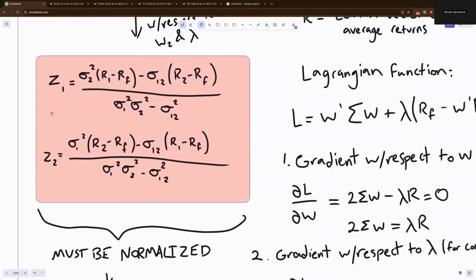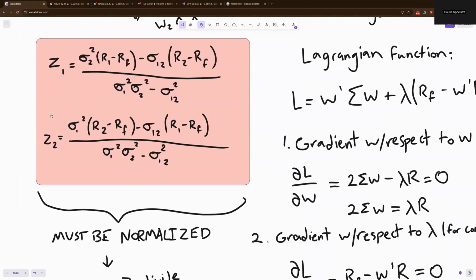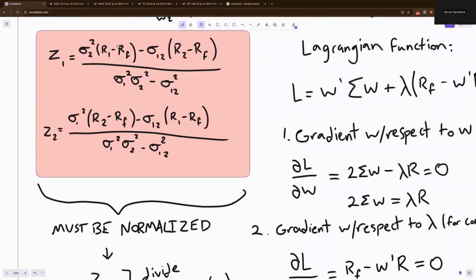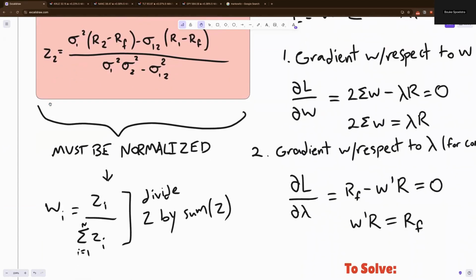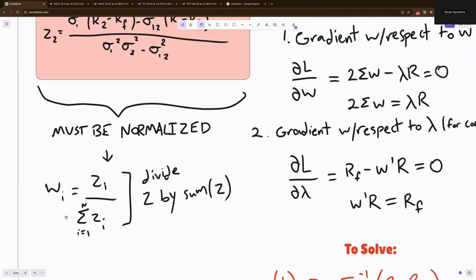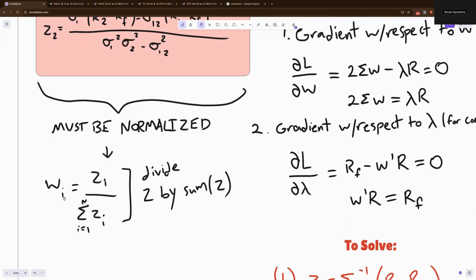These are the formulas for the unnormalized weights, these z equations. And once you have those z values, you can divide them by the sum of the z values to achieve the normalized weights. So this would tell you the actual weights of the assets, how much you should invest in each.